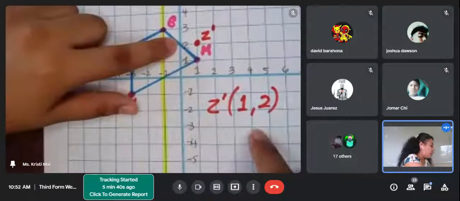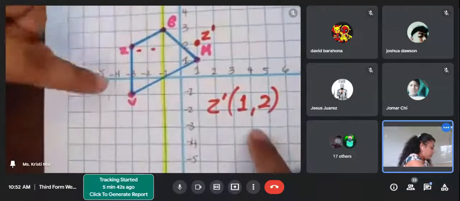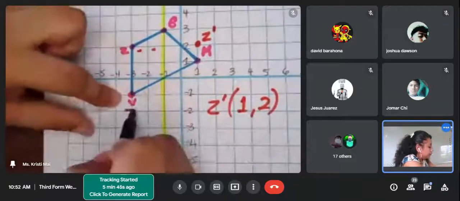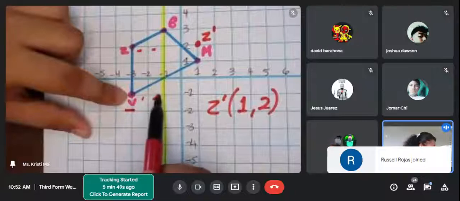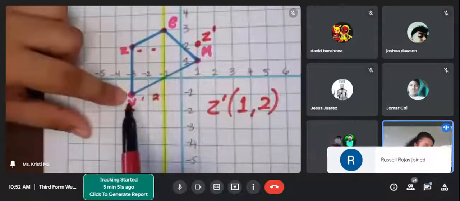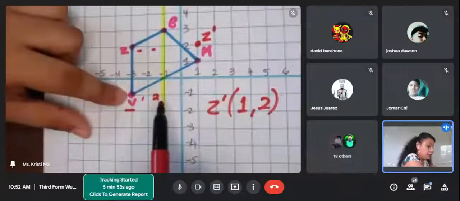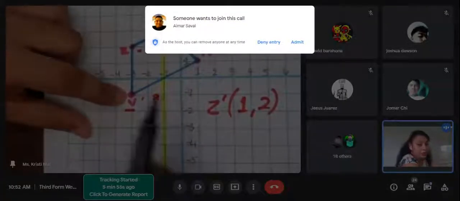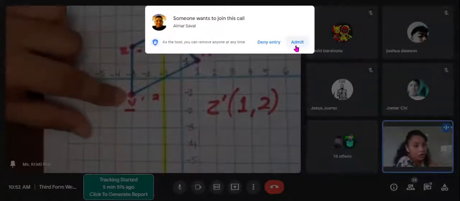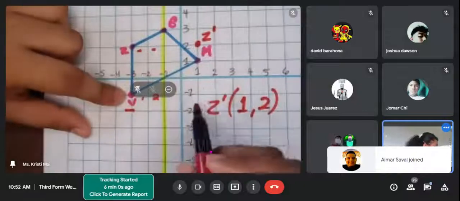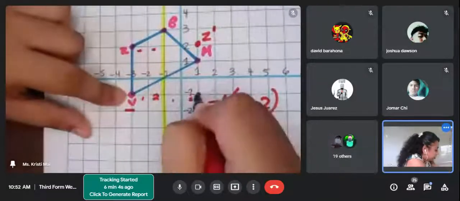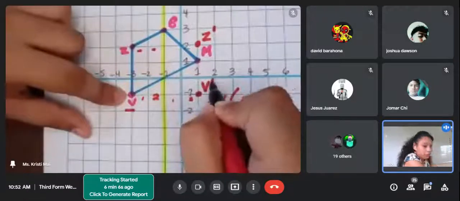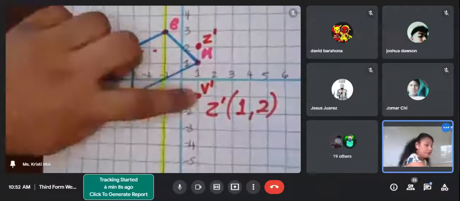All right. I'm going to do the same thing. Take a look at V right here. V is two spaces away from the line of reflection, so I am going to count two spaces on the other side. So I count 1, 2, and my new point is going to be here for V1, right there.